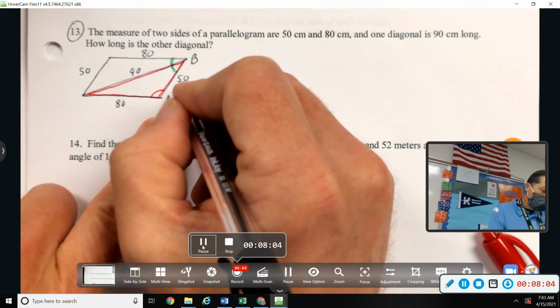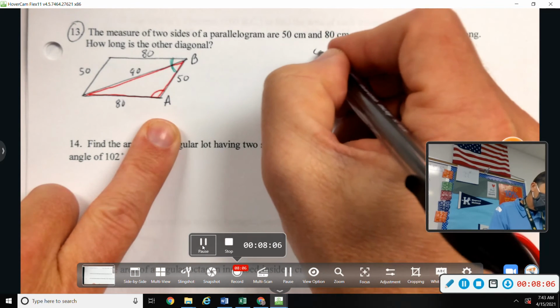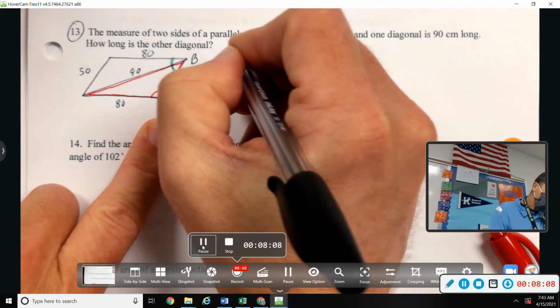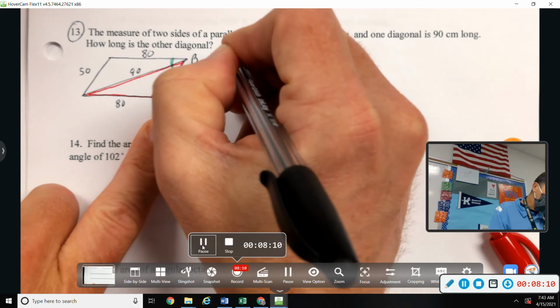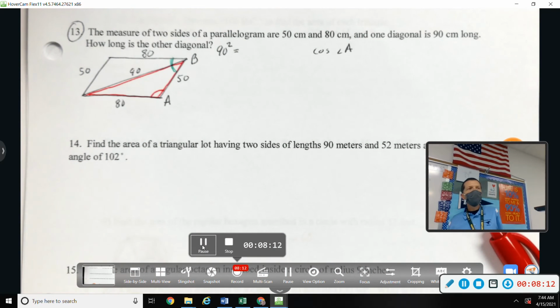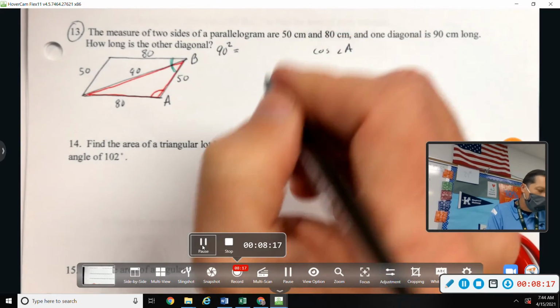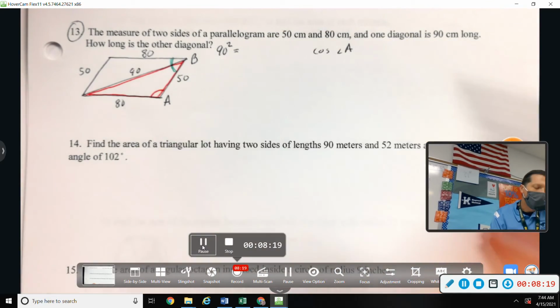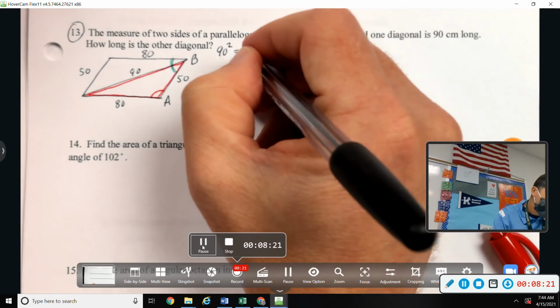So to find angle A, if I know all the sides, cosine of angle A, which means 90 squared needs to be on the other side. Some of you jump straight to the cosine formula, and that's okay. Others of you are going to write it the same way every time and then do the algebra.